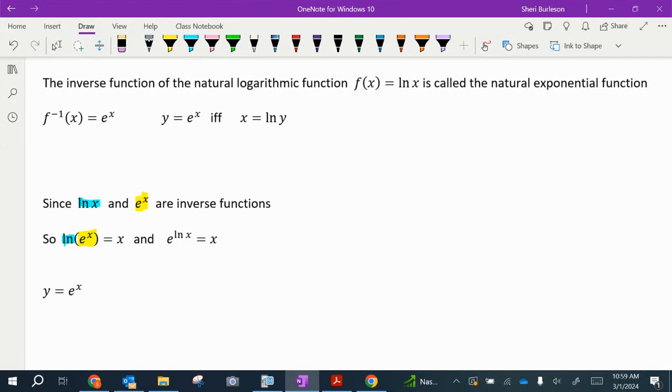They are undoing functions. So if I substitute in the natural log of x for x in e to the x, those are inverse functions. I'm substituting the inverse function in for x, and it should simplify to x.